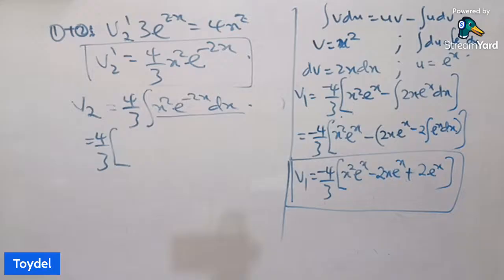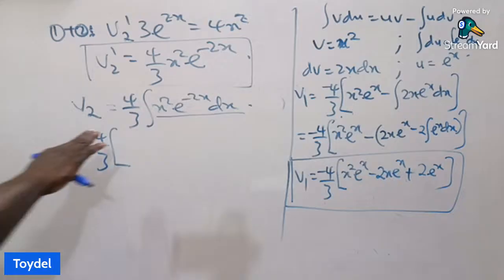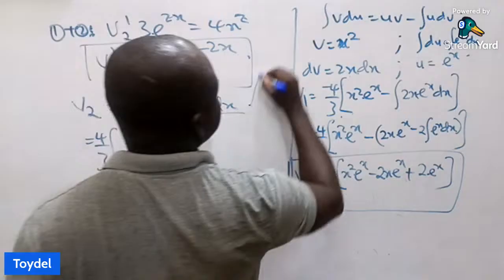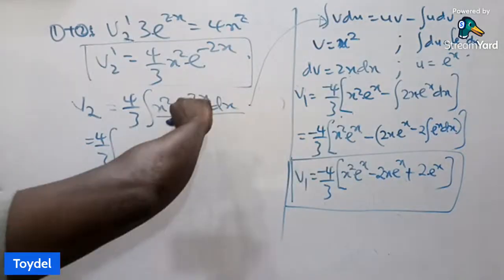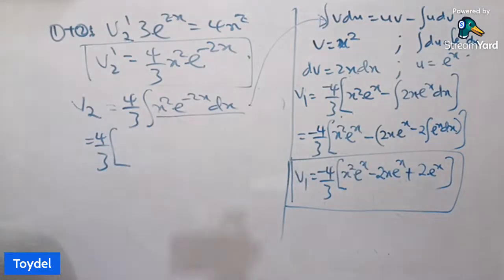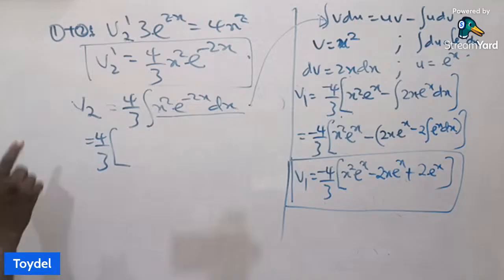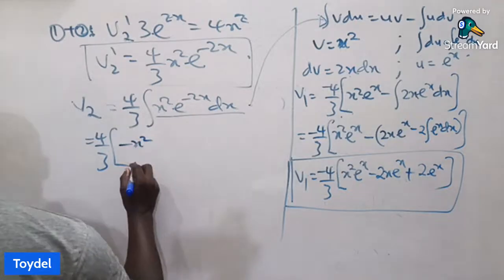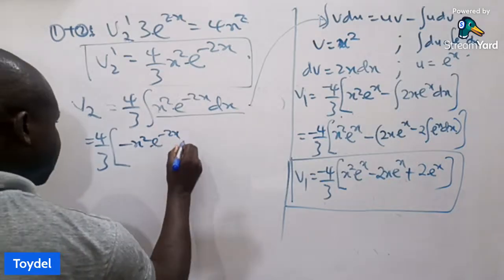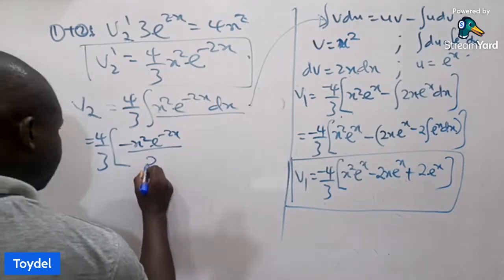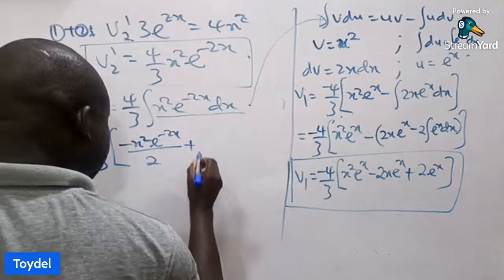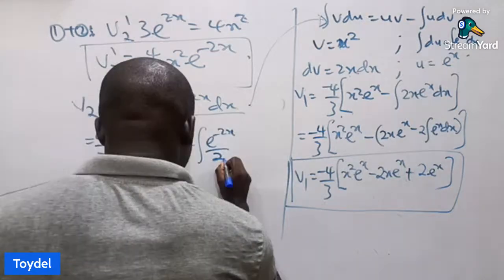If I apply integration by parts, I'm going to get minus x squared e^(-2x) all over 2 plus integral e^(-2x) all over 2 multiplied by 2x dx.